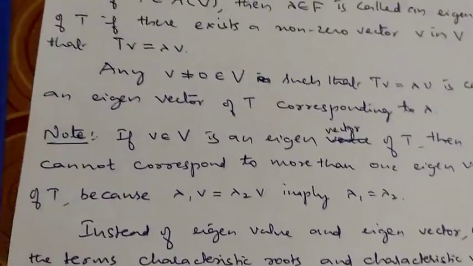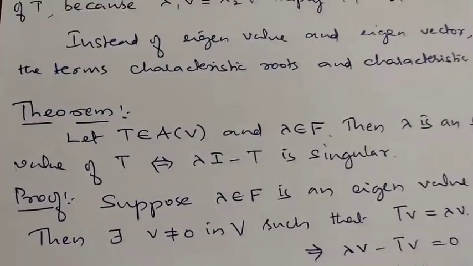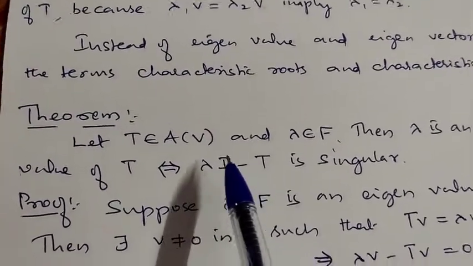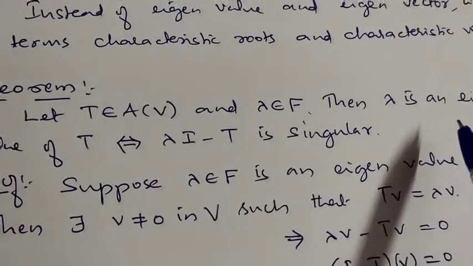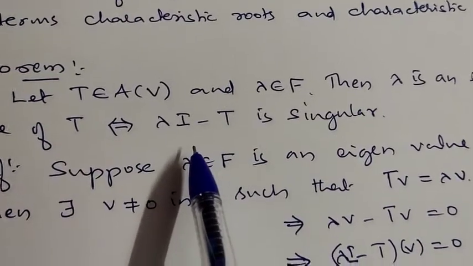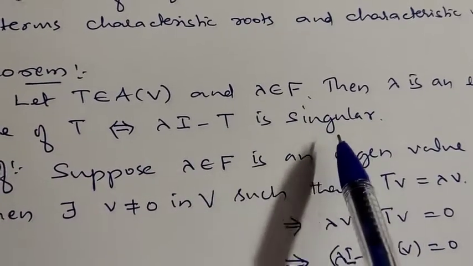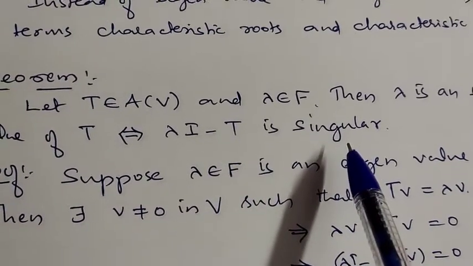Now you will take up this result. Suppose T belongs to A of V and lambda is a scalar. Then lambda is an eigenvalue of T if and only if lambda I minus T is singular, or the transformation T minus lambda is singular.